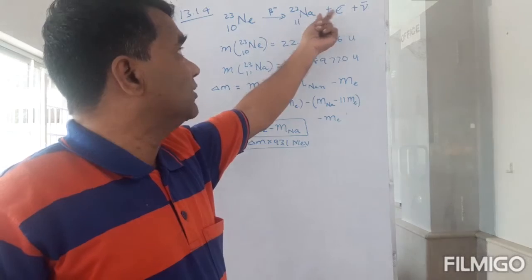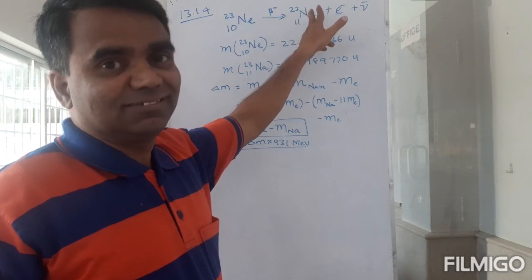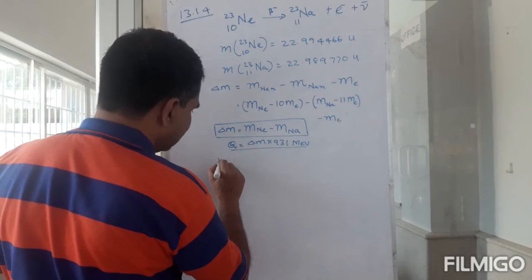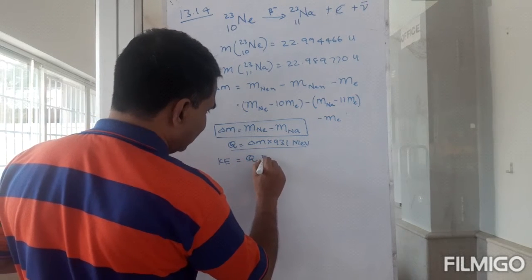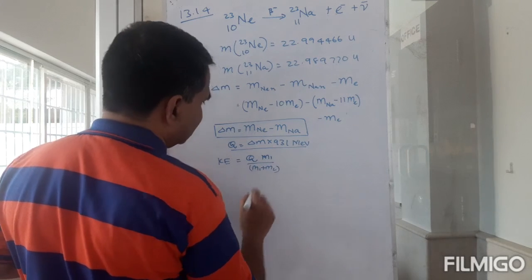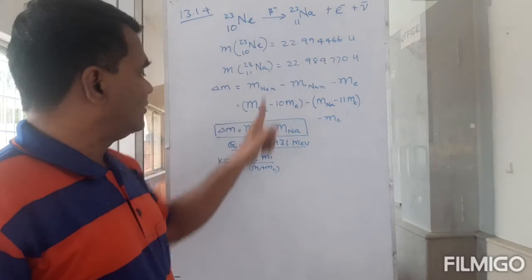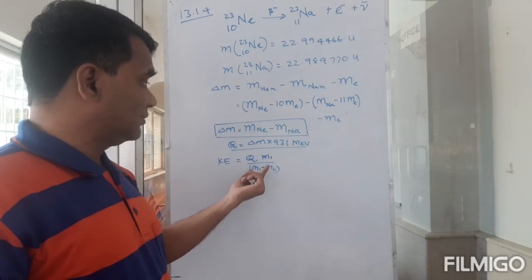The mass is so big that it will rarely get anything. You remember that, right? The kinetic energy of anything is going to be equal to Q times M1 by M1 plus M2. We saw it. It will be so small.